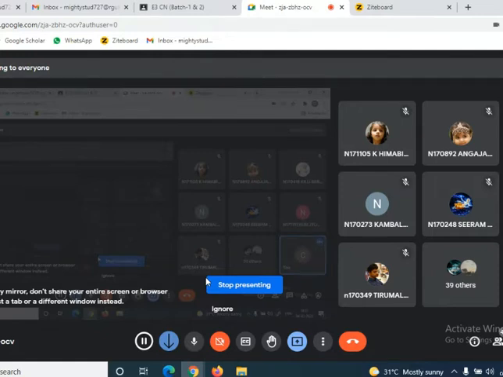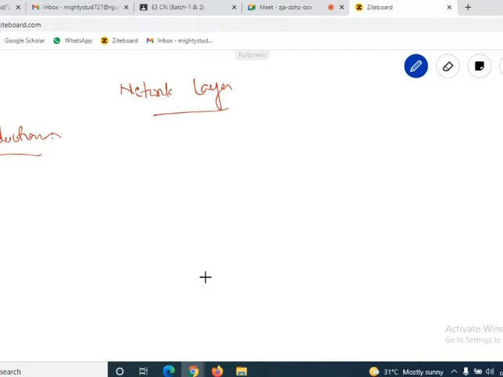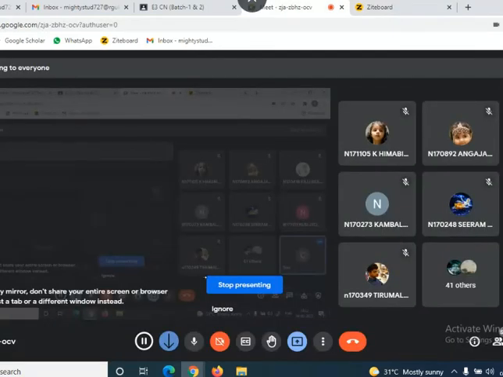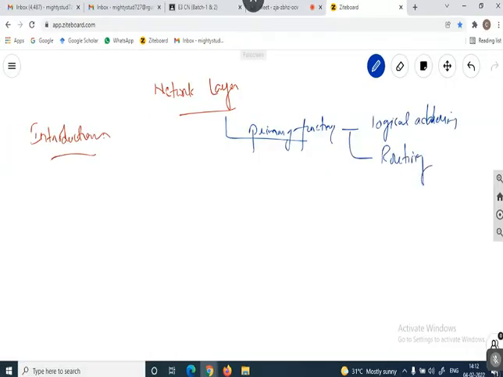As we discussed, the primary functions of the network layer are logical addressing and routing.